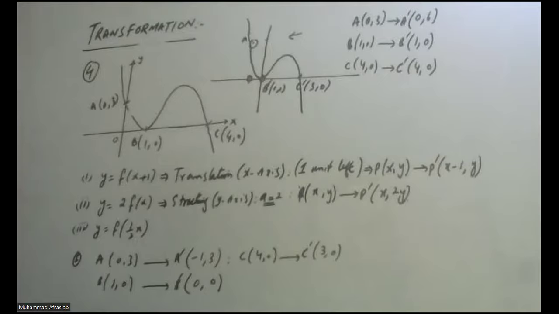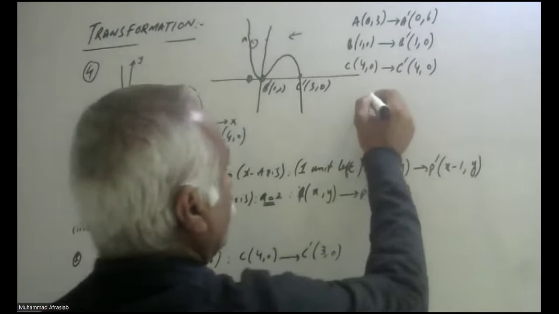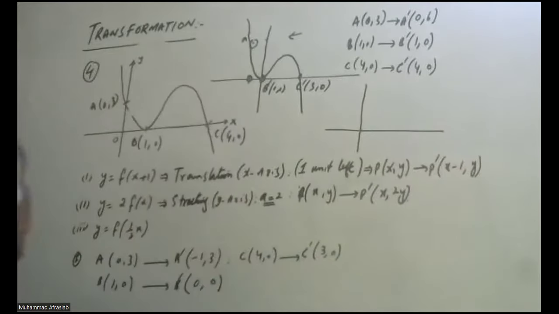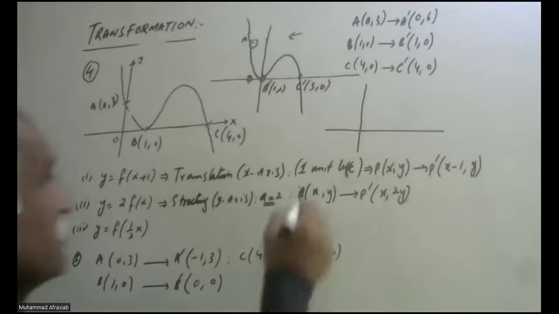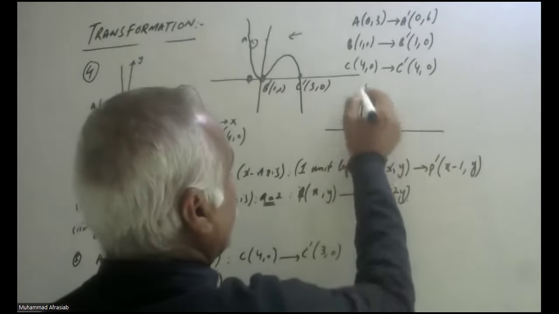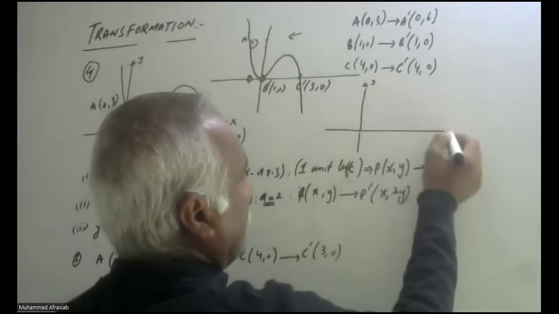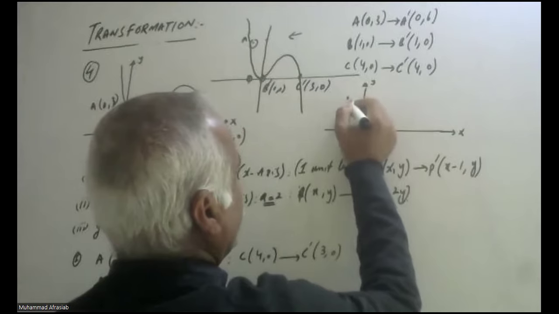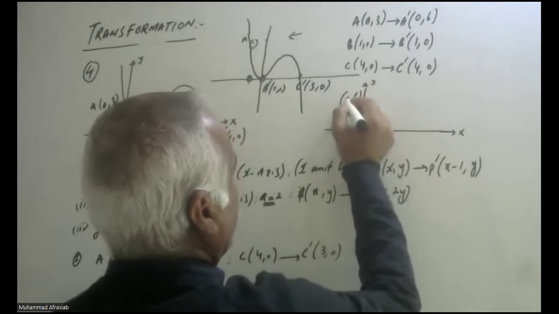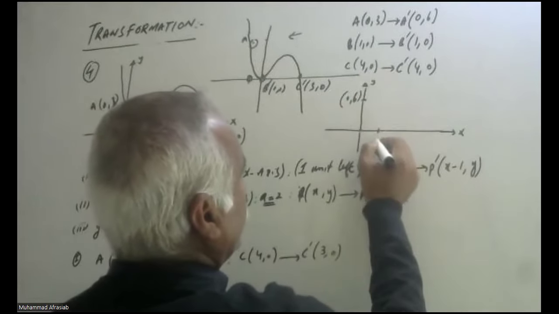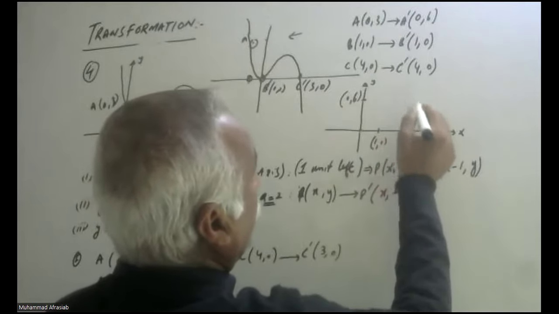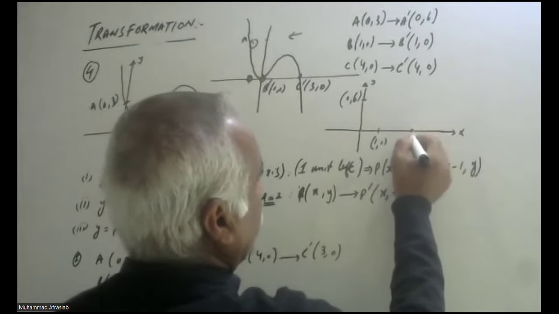Now you have to draw the sketch of this new graph of y is equal to twice f of x. So A point is (0, 6). Let's say this is the y-axis, this is the x-axis. So (0, 6) is at this position, then (1, 0) is at this position, and (4, 0) is at this position.